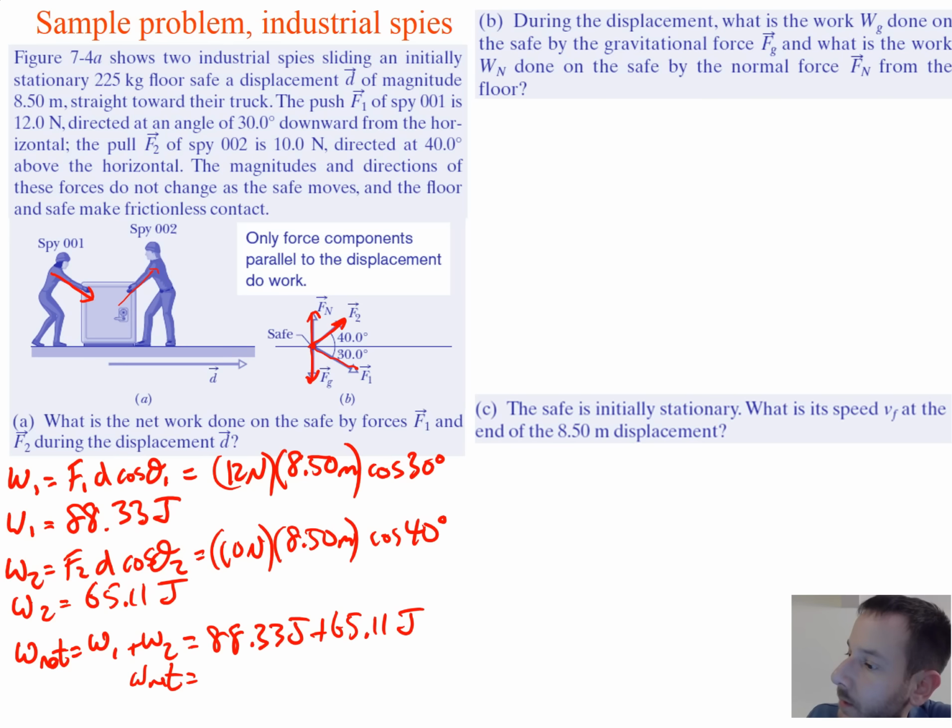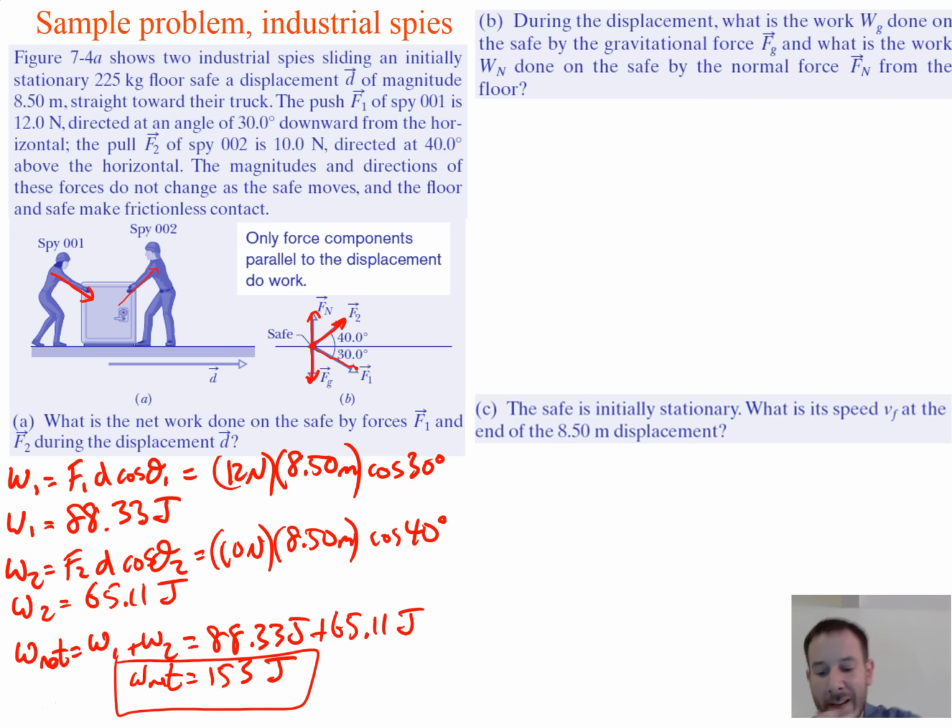So our net work is about 153 joules. Okay, so it's positive, which means that since we're doing positive work, we're going to be increasing the energy of the object, increasing the energy.